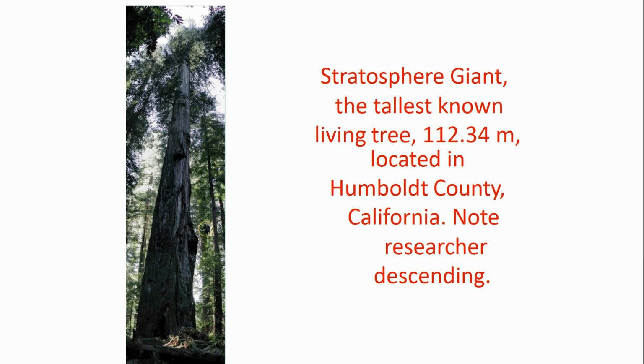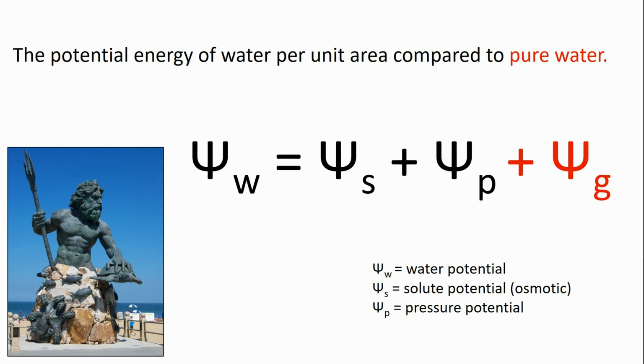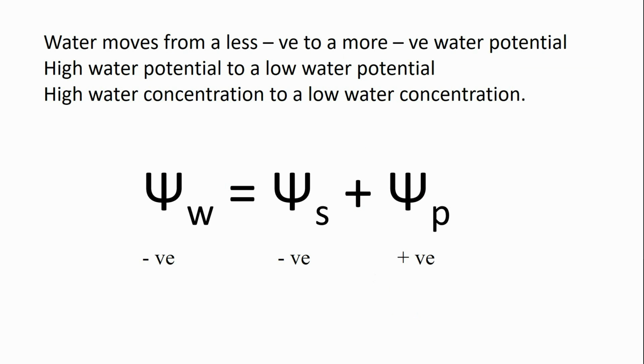But for this module, when you are looking at this equation specifically, we are talking about it at a cellular level. And because we are talking about it at a cellular level, you can negate that gravity potential. So ultimately, your equation is going to look like this. Water potential equals solute potential plus pressure potential.